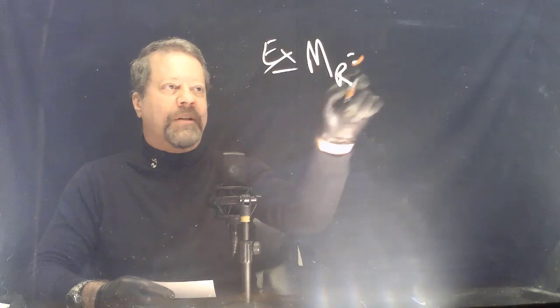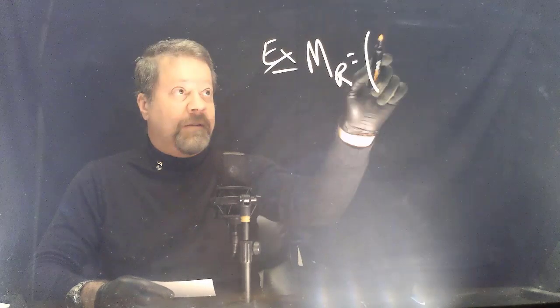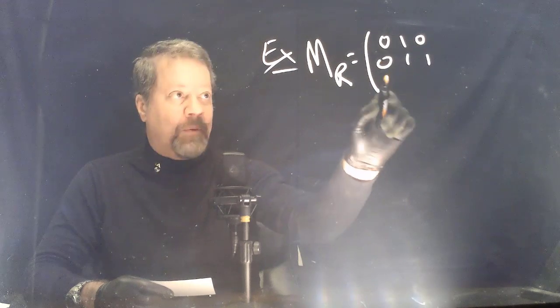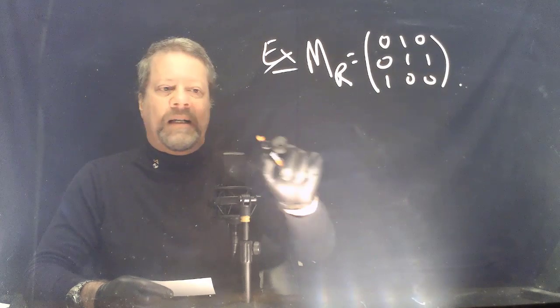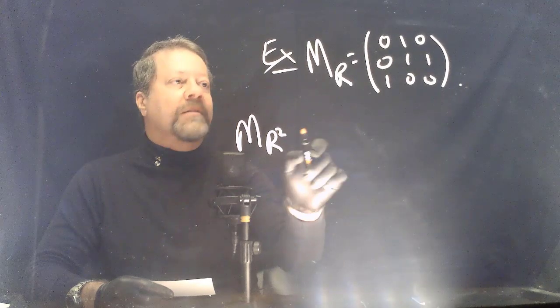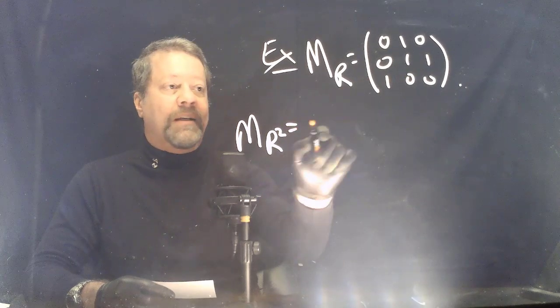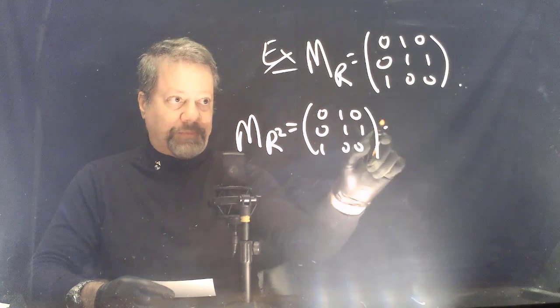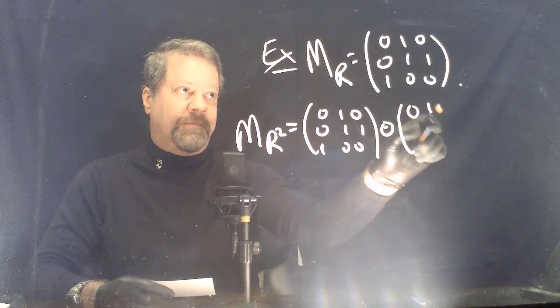In our next example, suppose our matrix for some relation is 0, 1, 0, 0, 1, 1, 1, 0, 0. I want to calculate the matrix representation of R squared, which is basically 0, 1, 0, 0, 1, 1, 1, 0, 0 times itself.